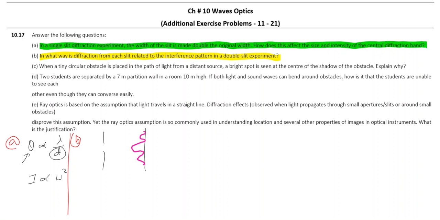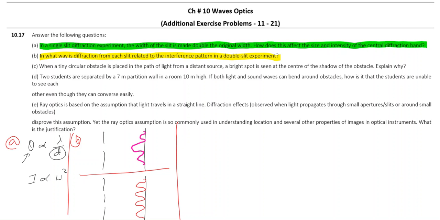Now, when you take double slit, you are actually getting two such patterns, and because of two such patterns, the interference fringes become like this. So you can say that the double slit is combined effect of two single slit.